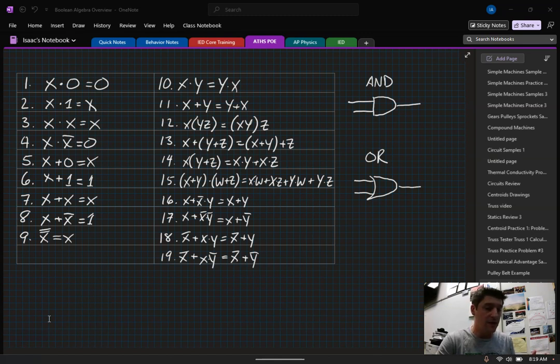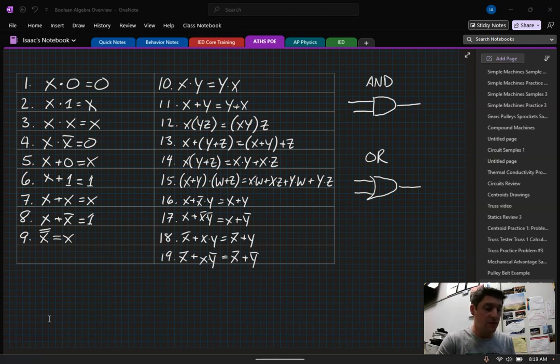So any place where you see a multiplication symbol in this table does not mean multiplication, and any place that you see a plus sign in these logic expressions, they don't mean plus. So remember that any place you see that dot, that means AND, and any place you see a plus, it means OR. And we'll be helping to understand these by applying them to AND and OR gates as we work through these.